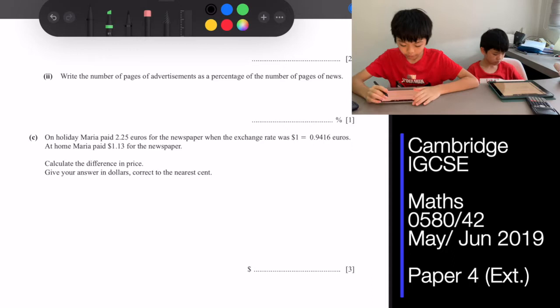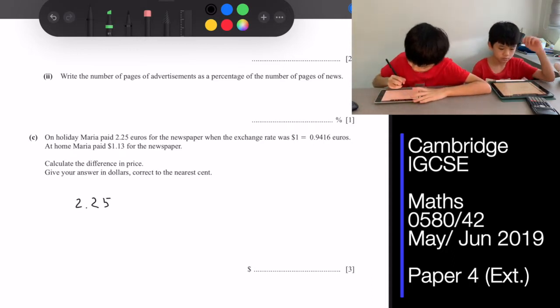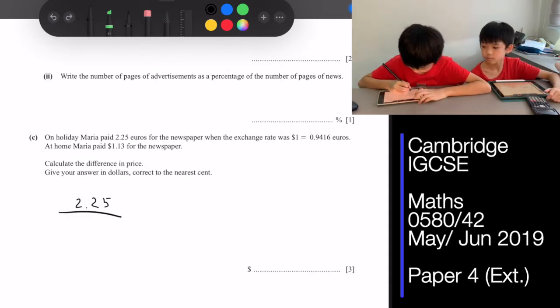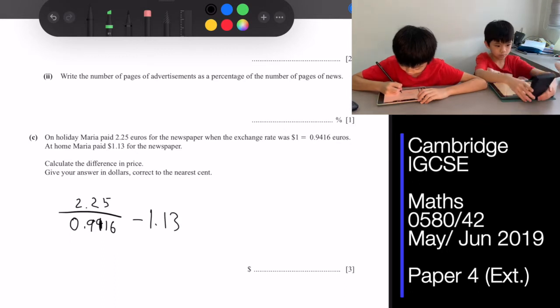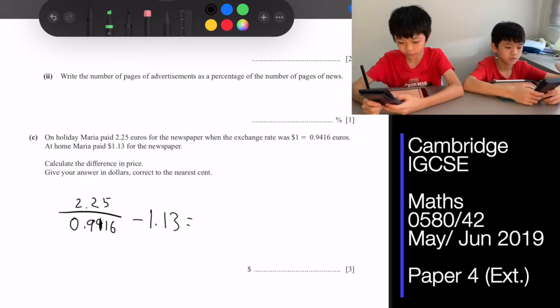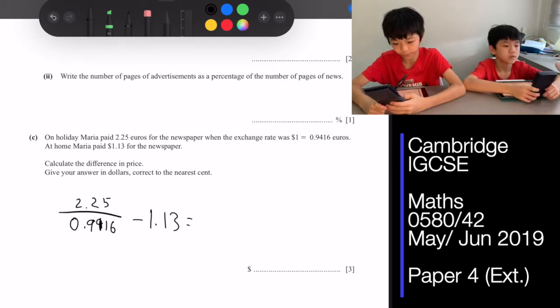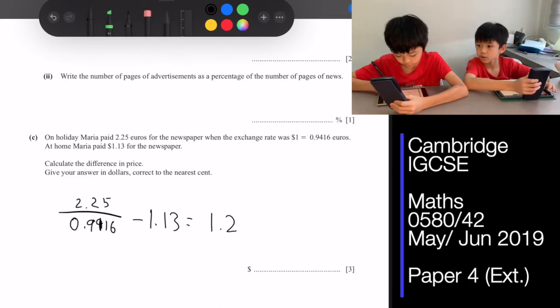So, to do this, it's 2.25 over 0.9416, and then minus 1.13. It equals 1.26.